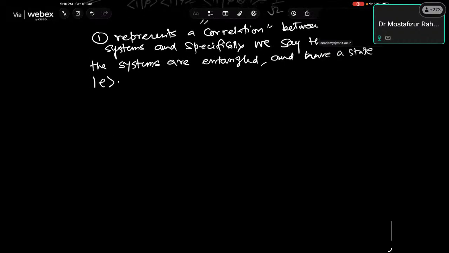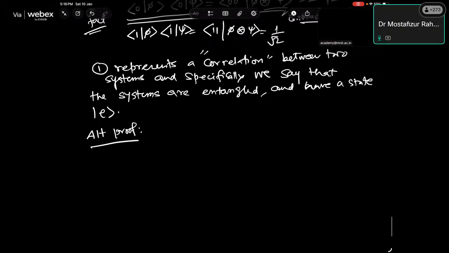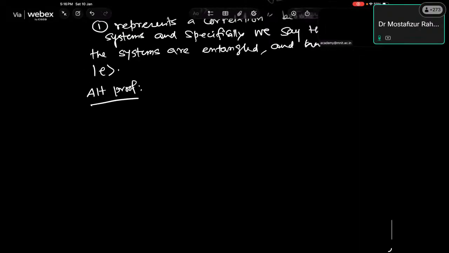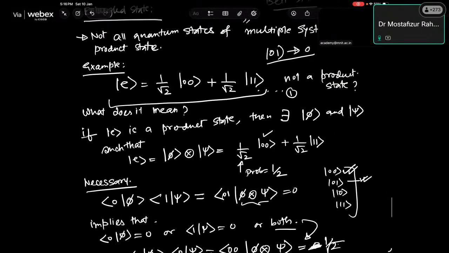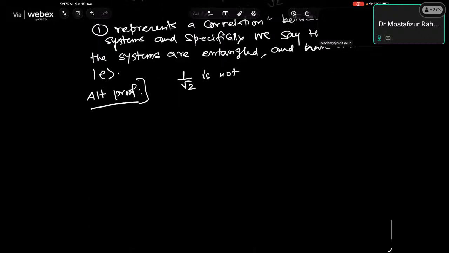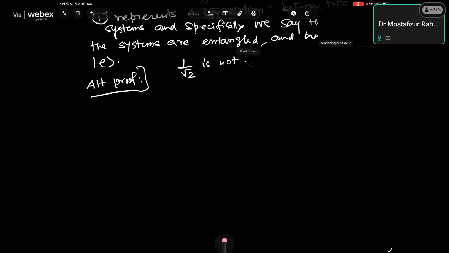So let's do an alternate proof also. If you feel this is a complicated proof, let's do another proof, because the quantity 1 by square root 2 is not important here. Some of you may think that if there is an entangled state, it always has to be 1 by square root 2 ket 0 0 and 1 by square root 2 ket 1 1. That is not the case. 1 by square root 2 is not important to this argument.